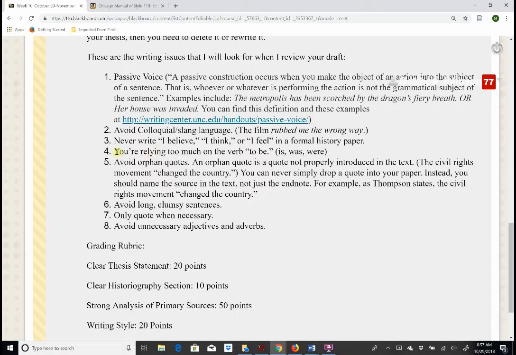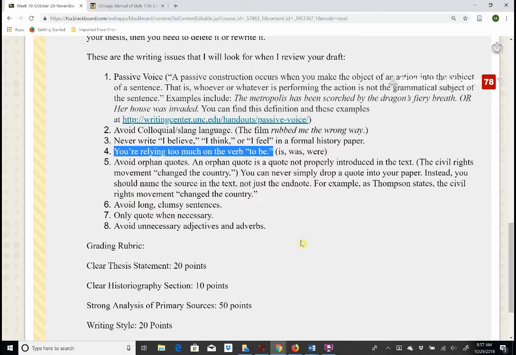Okay, this one's usually the hardest for people to revise because you might not have heard this from any professor before. One of the things that I'm going to look for in the rough draft to try to improve your writing is to try to reduce your reliance on the verb to be. And the conjugations of that are things like is, was, were.